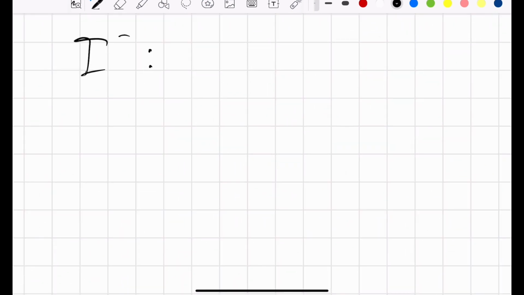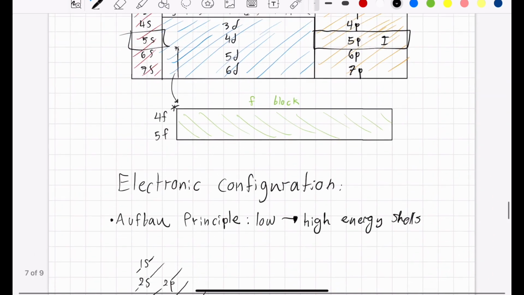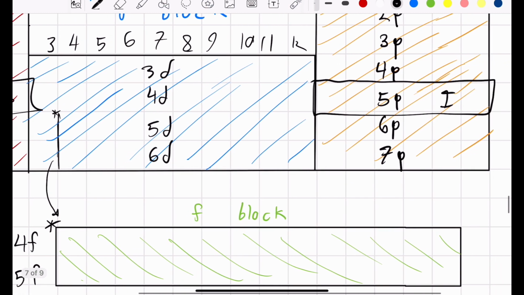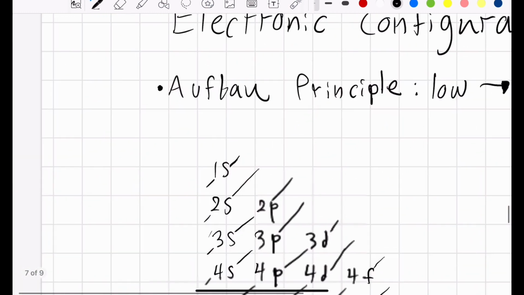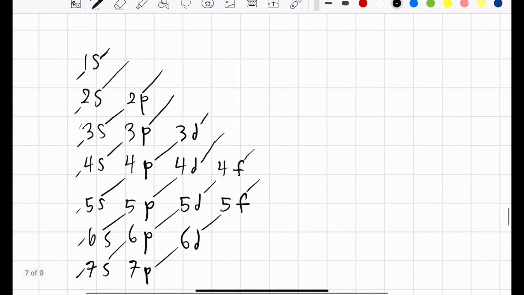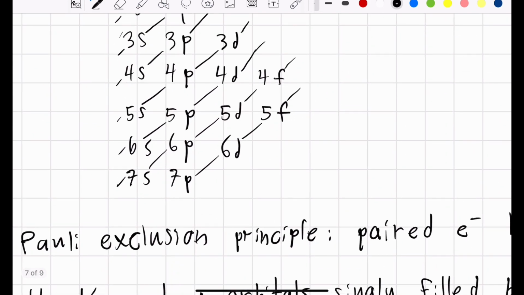So to write the electronic configuration for the valence electrons, we're just going to have a full 5s subshell as well as a full 5p. So as we know, 5s gets filled first because of the Aufbau principle. The 5s is here, and then 5p comes later.